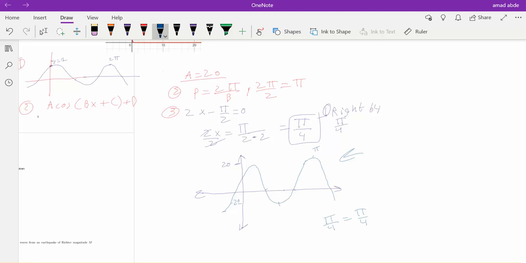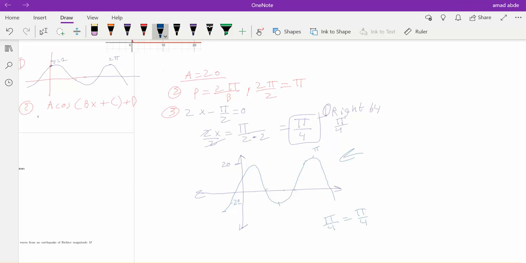So we said that the graph is shifted by pi over 4 to the right, and I said the period is pi over 4. But the period is pi, so it's going to be pi plus pi over 4, because we shifted the graph. That's the mistake I was trying to let you figure out.